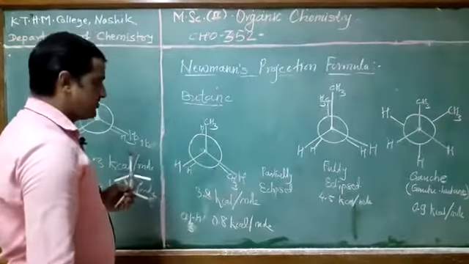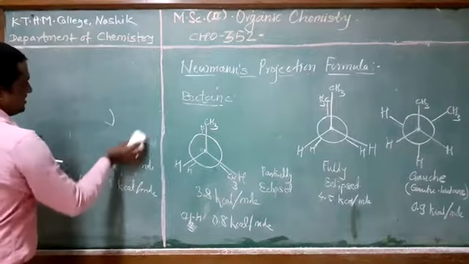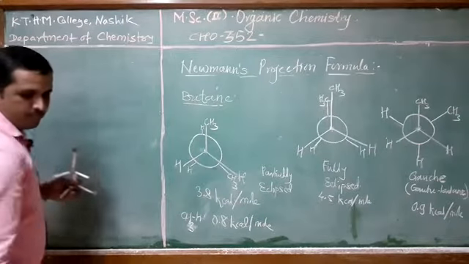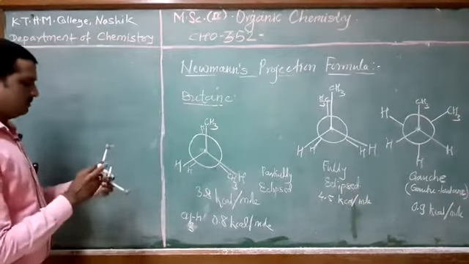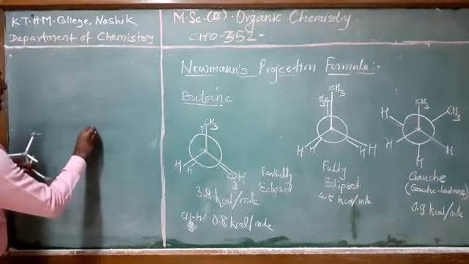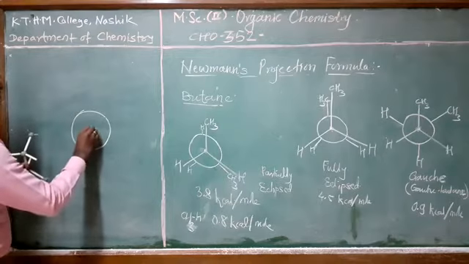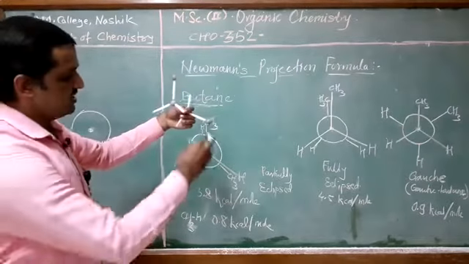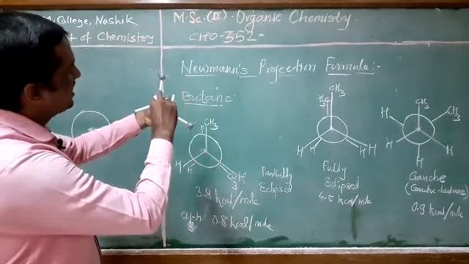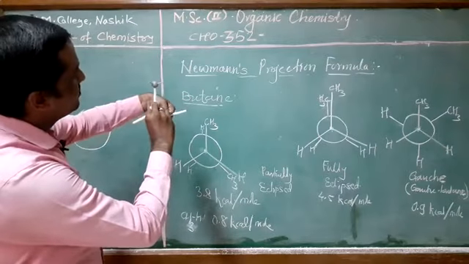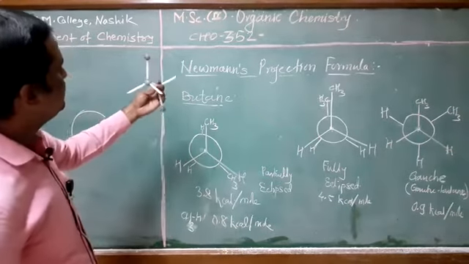And the last conformation which is observed in this butane molecule is obtained by again rotating by 60 degrees. Suppose I rotate the backside carbon atom by again 60 degrees, we observe a conformation like this.